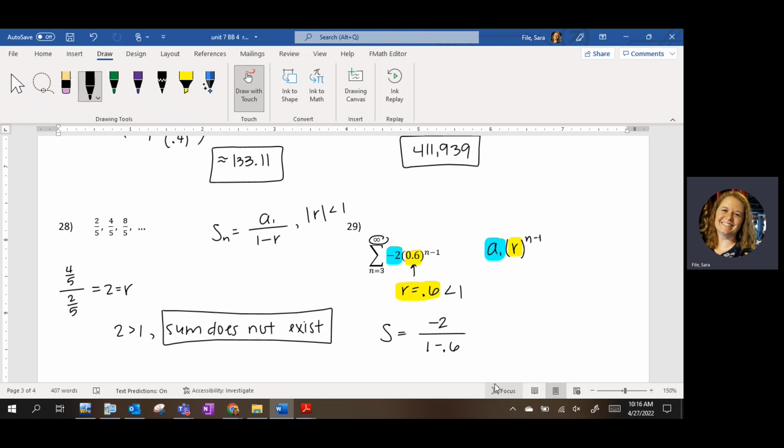And again, you can do it as fractions, you can do it as decimals, it doesn't really matter. So that's -2 divided by 0.4, which is -5. So we are able to find the infinite sum for that one.